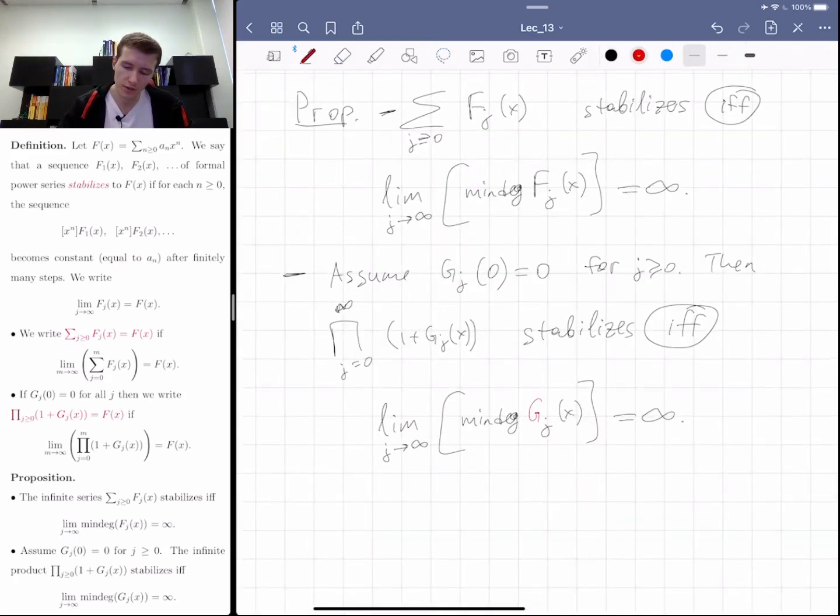And this is very easy. What does this condition mean here? It means that for each n, after finitely many steps, the minimum degree of the terms becomes bigger than n.